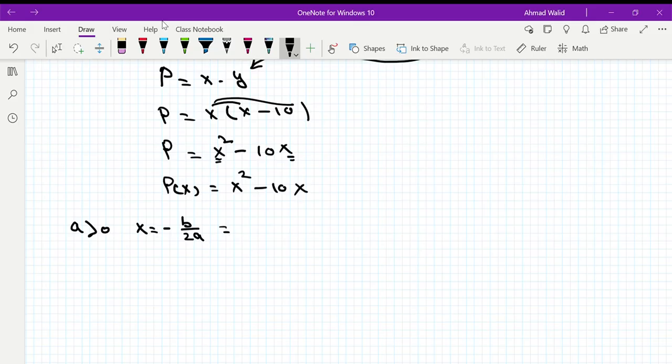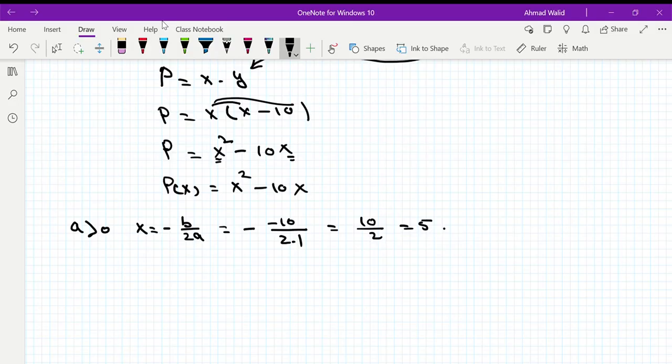Then this equals negative b over 2a, which is negative negative 10 over 2 times 1. Your a is 1. Which gives you positive 10 over 2, which gives you 5. It means one of the numbers is 5.